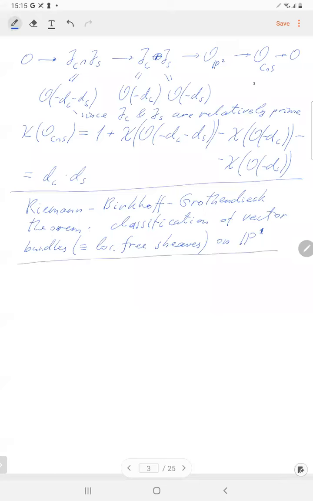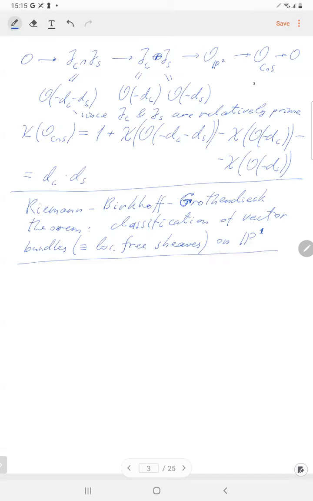And somehow this topic is very, very interesting and important. I mean, not exactly this, but vector bundles on algebraic varieties, already on algebraic curves.